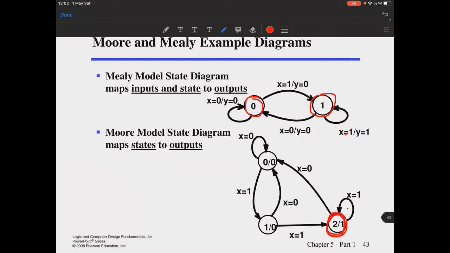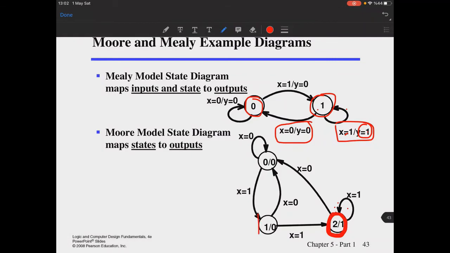X is 1 and y is 1 sends you to one state. X is 0 and y is 0 will send you to another state. You cannot represent this difference in Moore with only 2 states. You need an extra state for representing this one.